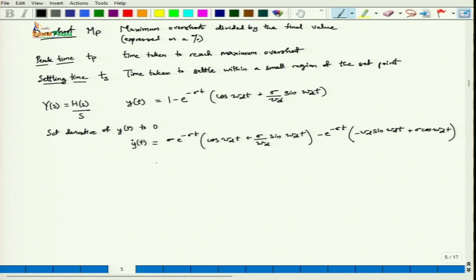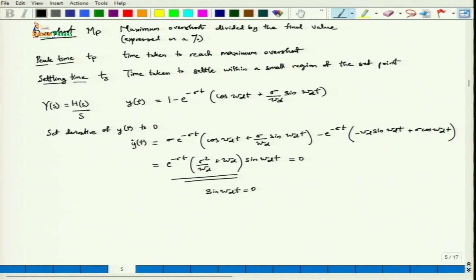And now, if we simplify, we get e to the power negative sigma t, times sigma square by omega d plus omega d, times sine omega d t. And as we said, we will set this entire thing to be 0. If we look at this particular part here, it won't go to 0. So basically we are left with sine omega d t equal to 0.